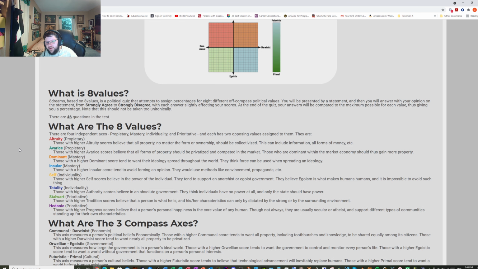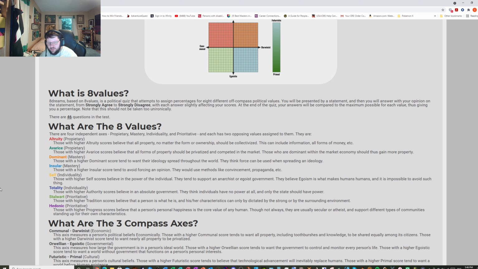Altruity or proprietary: those with higher altruity scores believe that all property, no matter the form of ownership, should be collectivized. This can include information, all forms of money, etc. Avarice: those with higher avarice scores believe that all forms of property should be privatized and competed in the market. Those who are dominant within the market economy should thus gain more property. That's the proprietary axis.